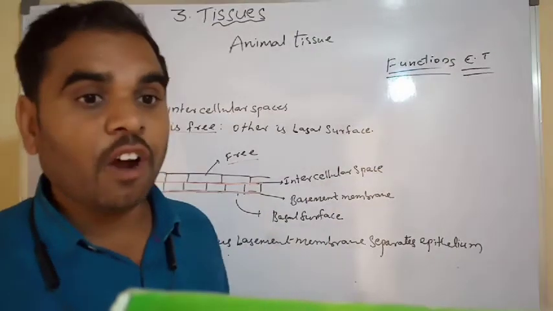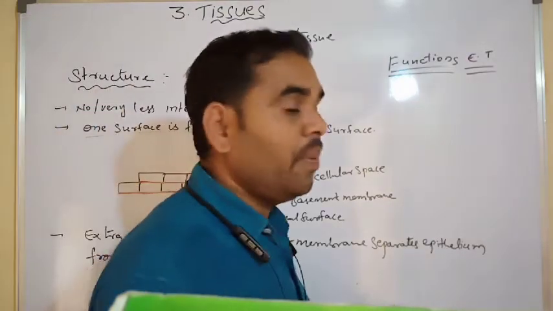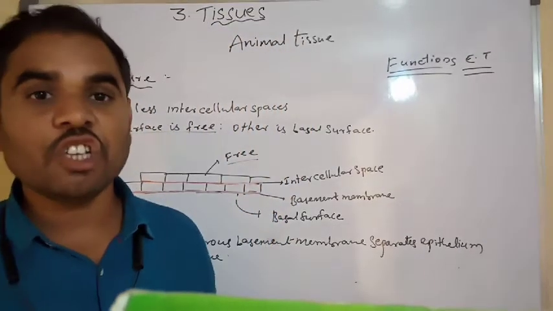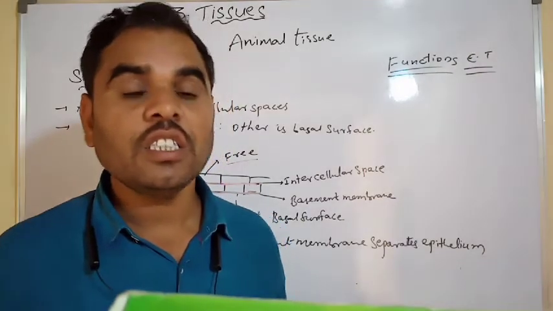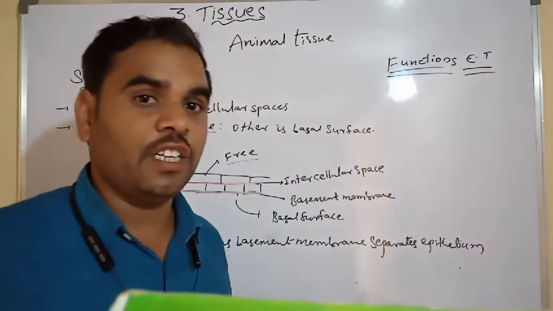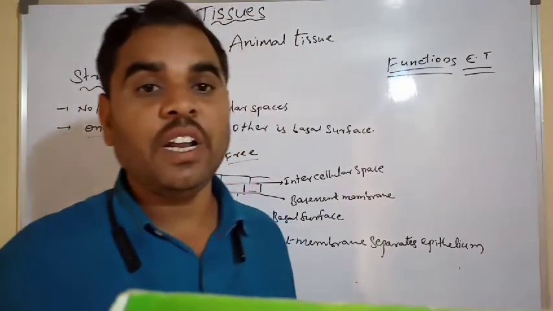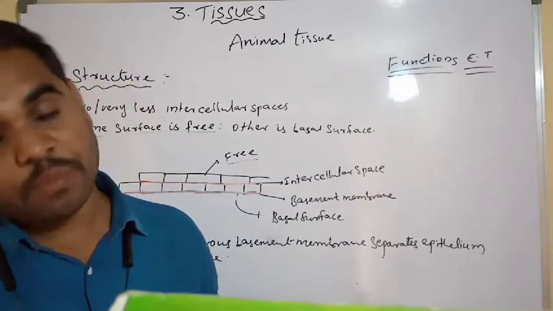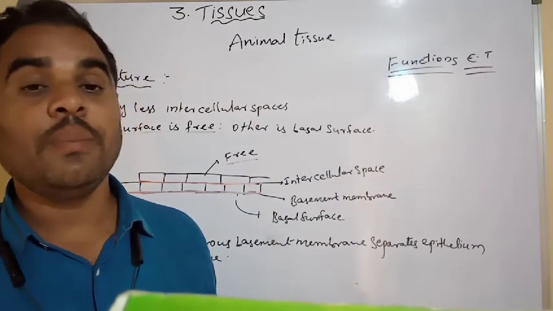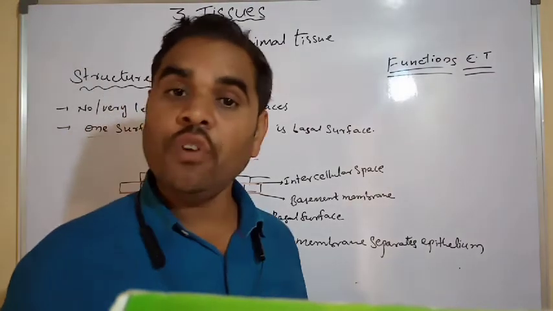For example, in our building a security guard is there. What is the function of a security guard? They decide which person to allow inside our building and which person not to allow. They will call the owner also.